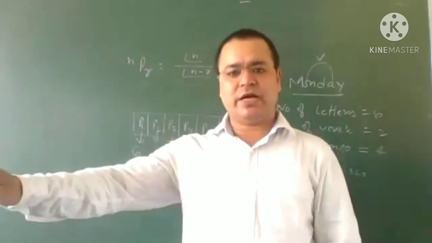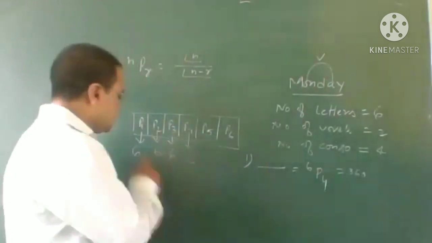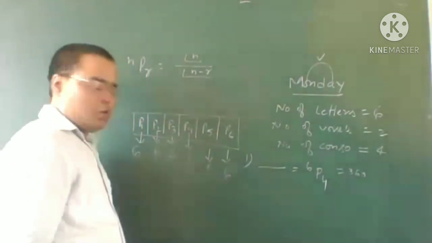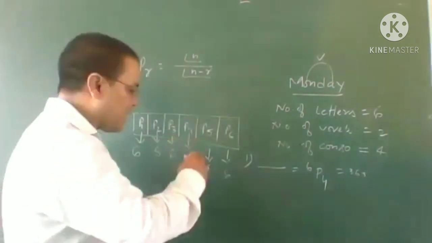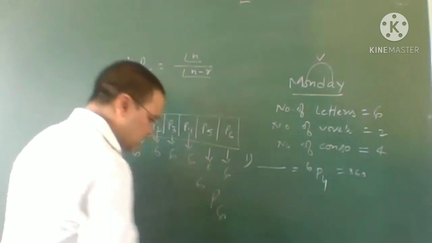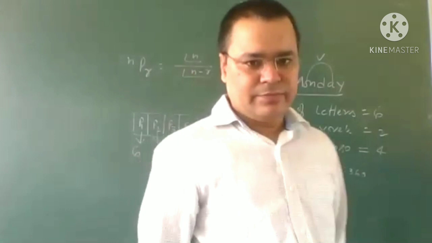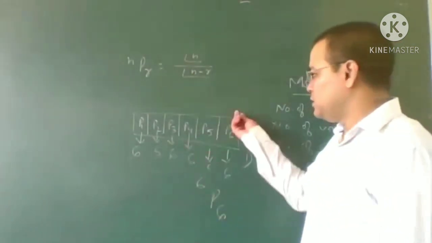There is no condition. We can use all letters simultaneously. So here 6, 6, 6, 6, 6, 6. In permutation we can write this as 6P6. Is this true?